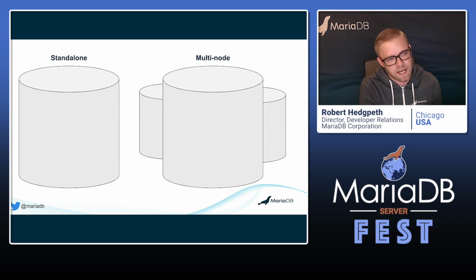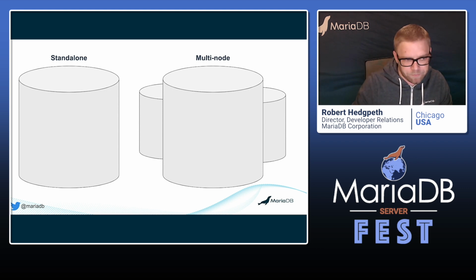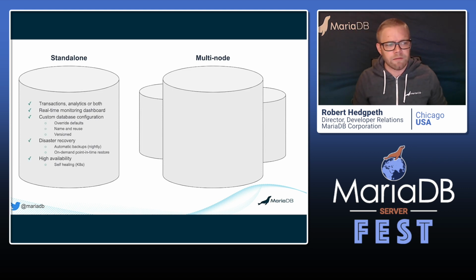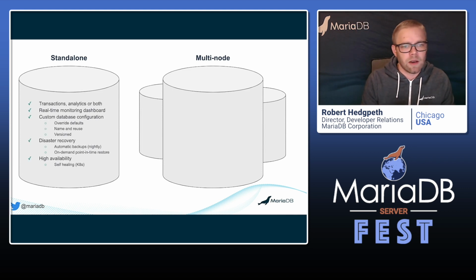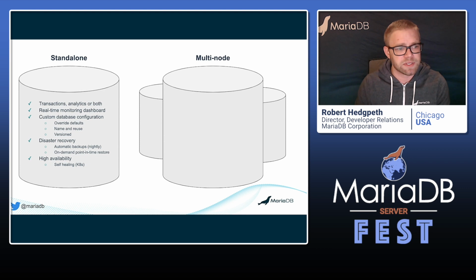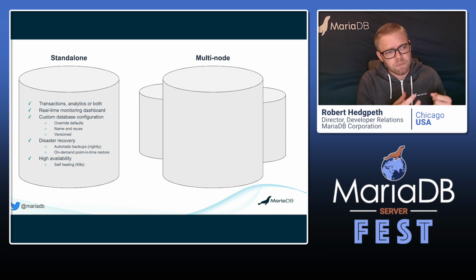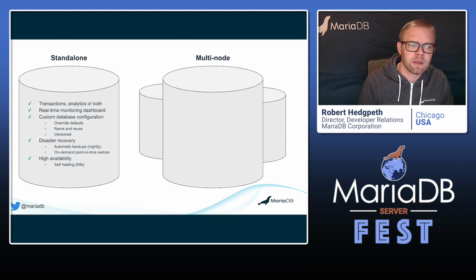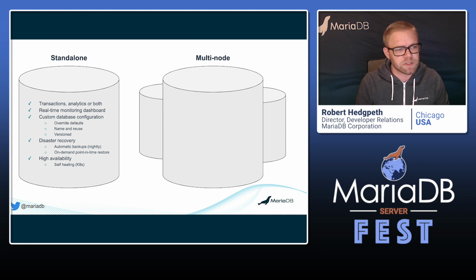And on the left-hand side, you'll see that we have a standalone instance. And that standalone instance provides us with the ability to create maybe a test or a development environment. And it's going to come with a variety of functionality that, of course, are available within a multi-node setup. But some of those include transactional, more traditional row-based databases that you can spin up services for, if you think of InnoDB.